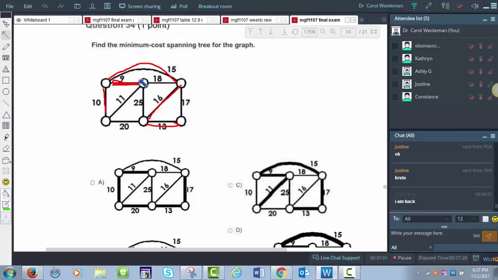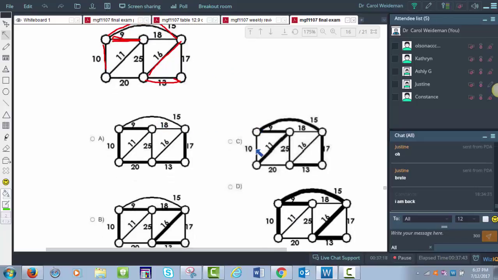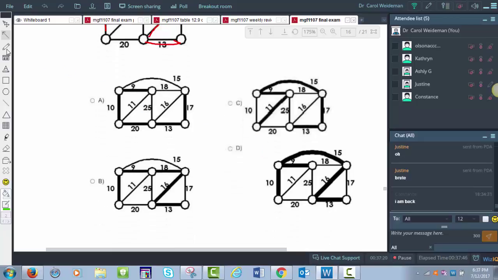So I did this and this. Then I actually went here. Then I picked up the 15, and then the last one I needed was a 16, and I'm done. Everything's connected. So which one is it? It's not this one. It's not that one. Looks like it's D.